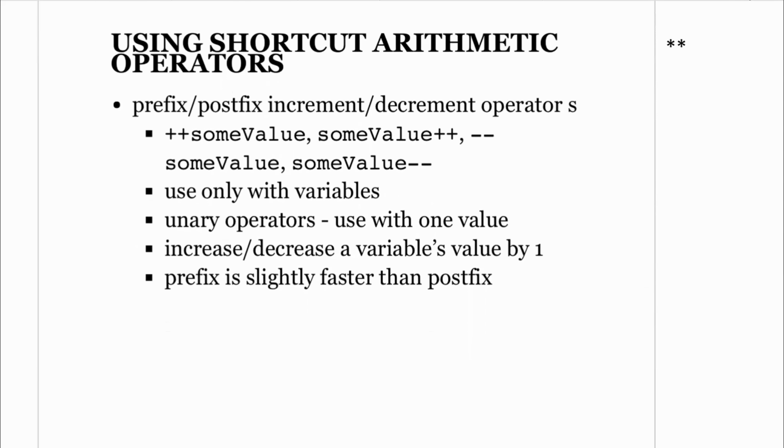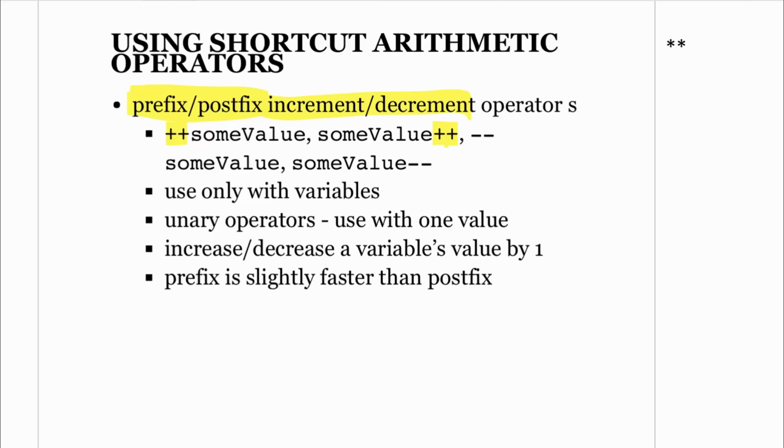And so another thing to keep in mind is the incrementing arithmetic operator. A lot of times, like I said, you want to add 1 to certain things, or you want to minus 1 from certain things, especially when you're working with loops. One way of doing it is using a prefix or a postfix increment or decrement operator. What that looks like is having a plus plus at the beginning or the end of a variable.